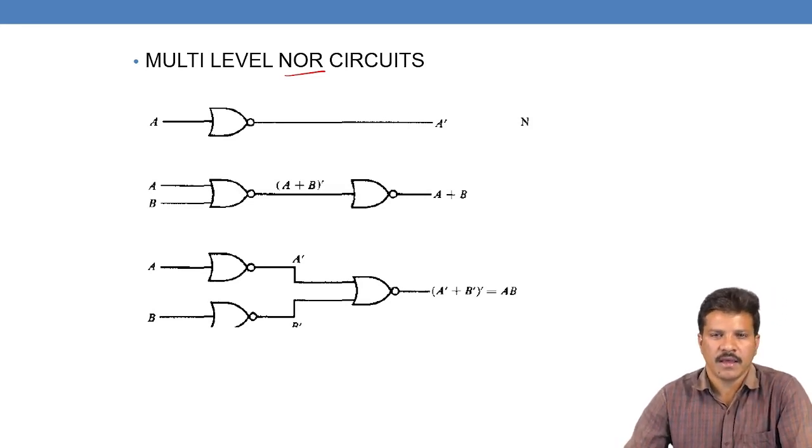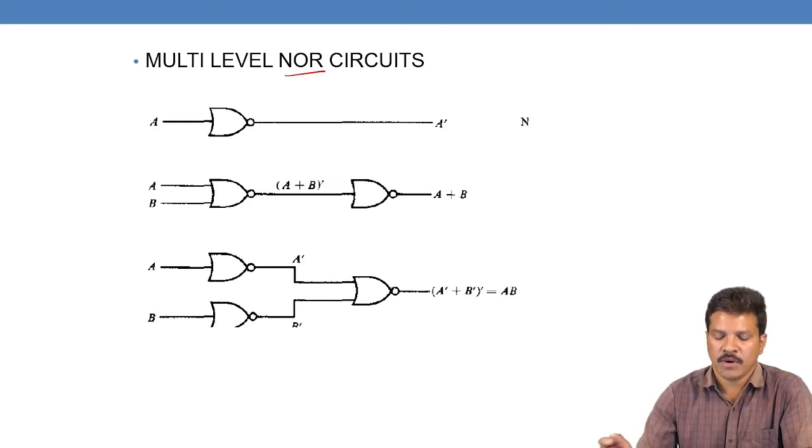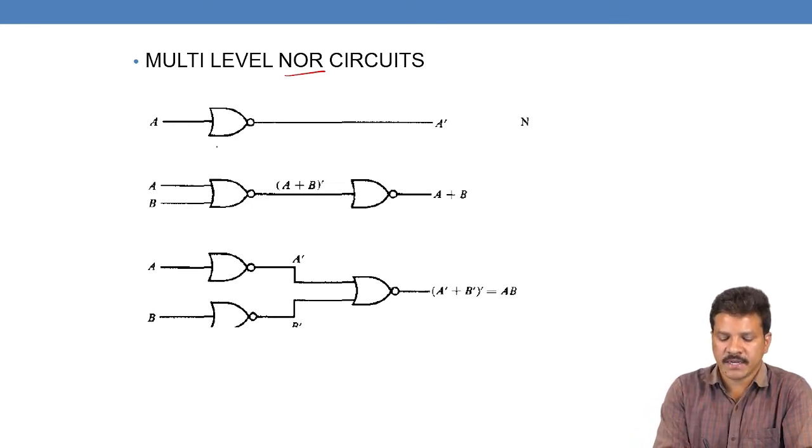So Boolean functions and combinational circuits can be converted into this universal gate, like the NOR gate. In the previous lecture we studied how to convert NOR gates into basic gates. If you want to convert a NOT gate, A bar, just keep the two inputs combined together and give them to the NOR gate, you will get A bar, the NOT gate.